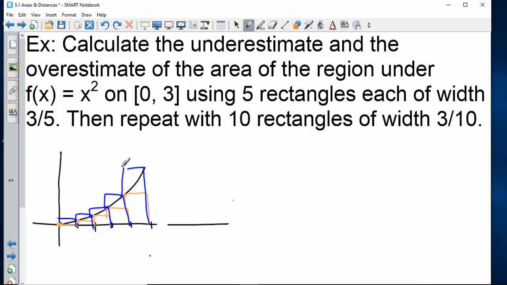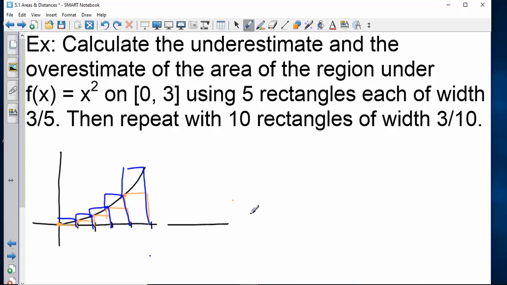Now, it will depend on the curve whether the left one is an over or under, because if it were decreasing, that could change. But if you calculate both of them, one's going to be bigger than the other. Your bigger one's your overestimate, your smaller one is the underestimate, and the true answer is somewhere in the middle.